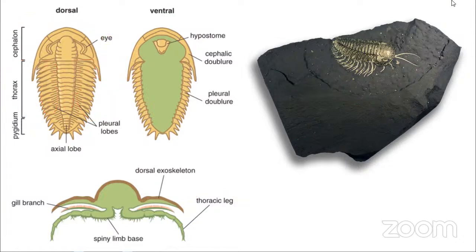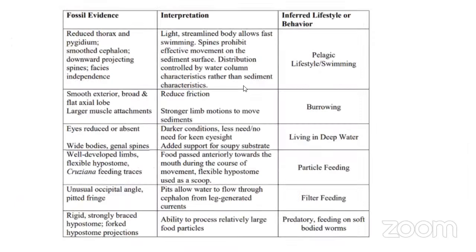Really fun. Okay. So when we are looking at our trilobites, since there are so many of them and they look quote unquote so different, they're all going to have those features, but they have them in different sizes and different shapes and different arrangements.